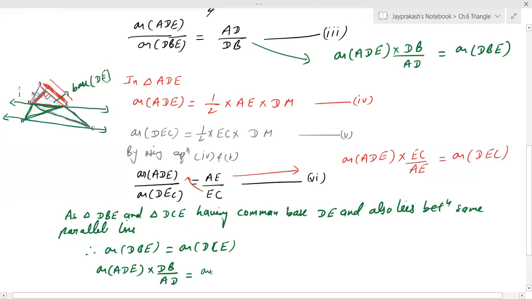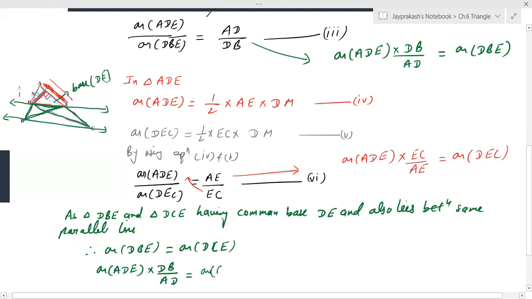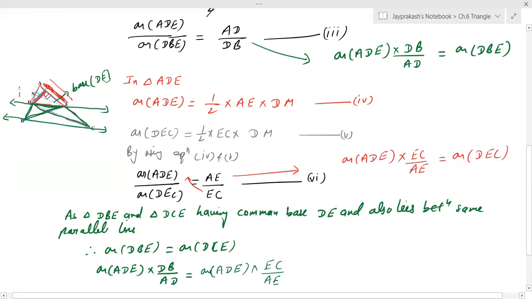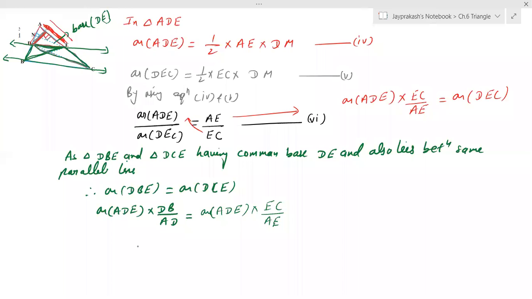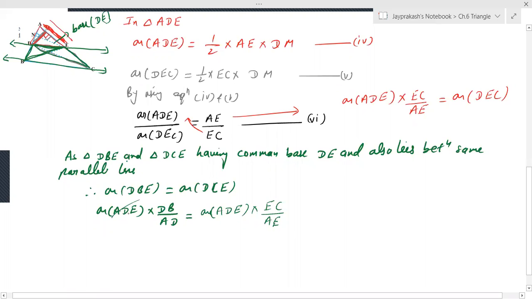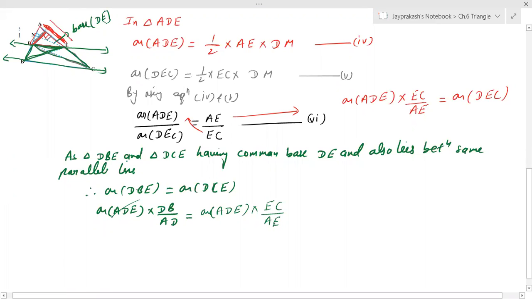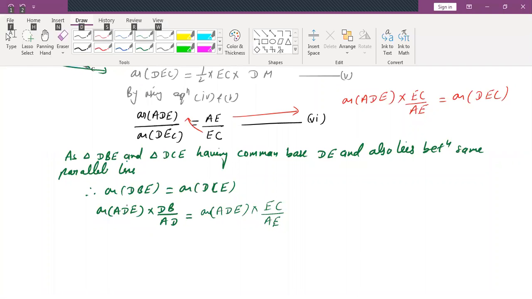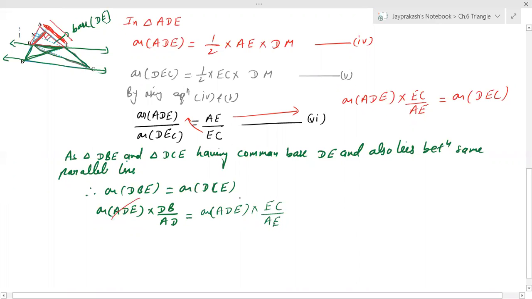So now we have area of ADE on both sides. This side is area of ADE in LHS, and in RHS also area of ADE. So these two parts can be cancelled.